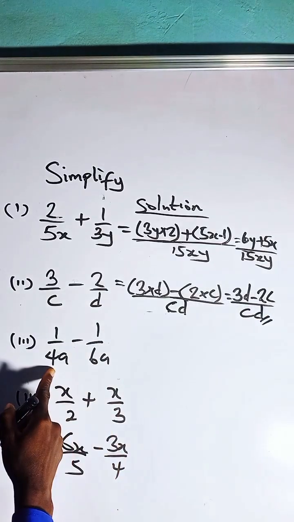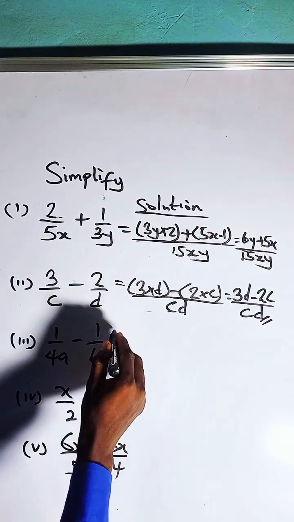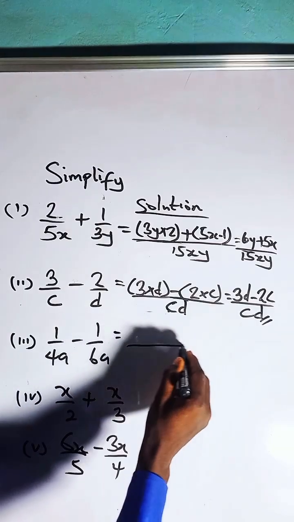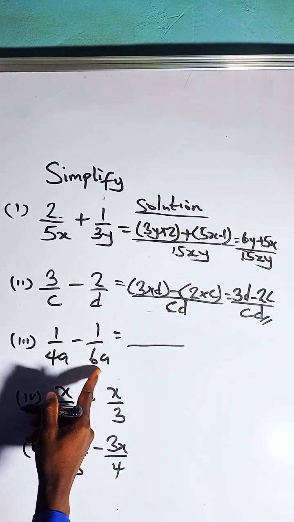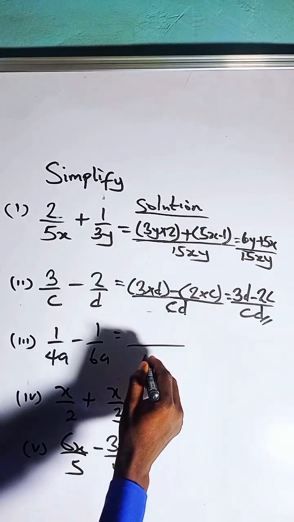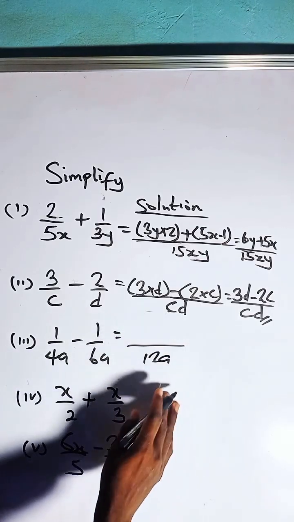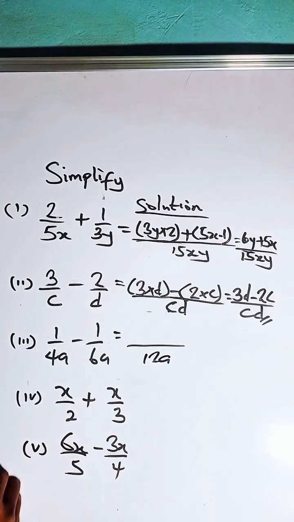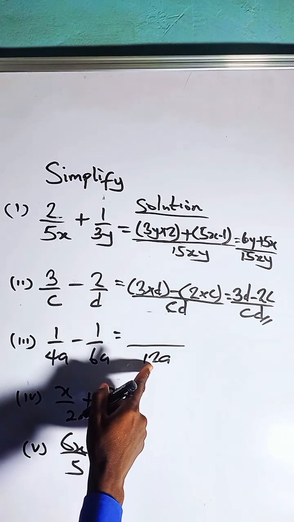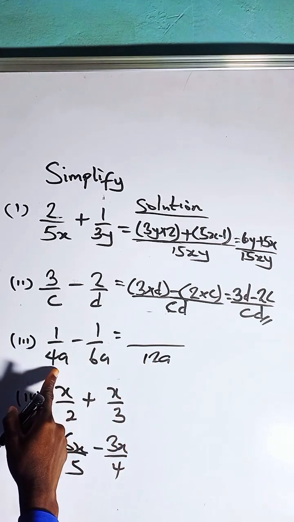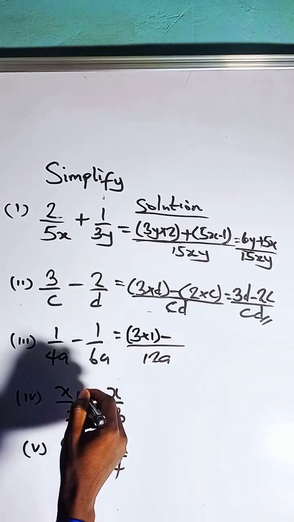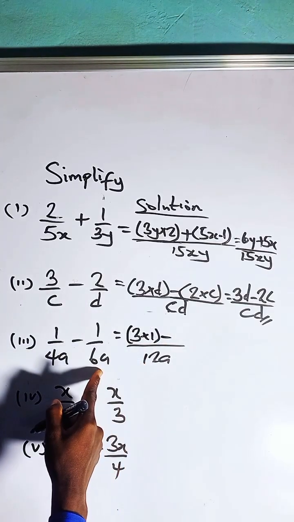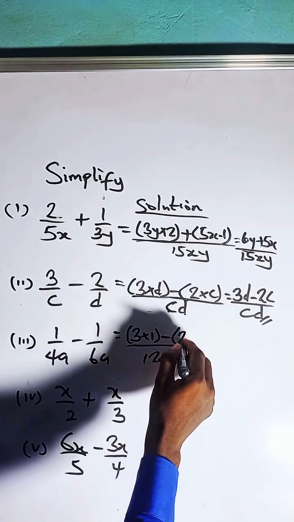For the third algebraic fraction, let's take the least common denominator of this. For 4a and 6a, the least common denominator here is 12a. So when we divide these by this, we have 3, so we multiply it by 1, minus, so when we divide this by this, we have 2, multiply it by 1.